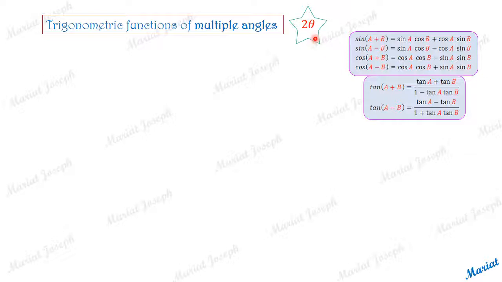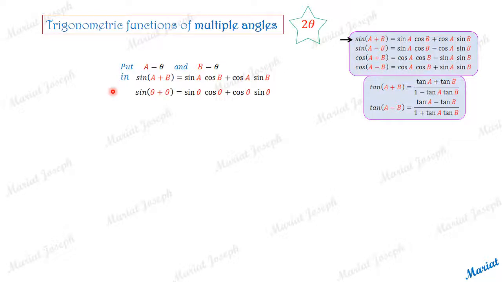First of all, for sine 2 theta, we put A equal to theta and B equal to theta in the first formula. That is sine A plus B equal to sine A cos B plus cos A sine B. A equal to theta and B equal to theta, we put in this.